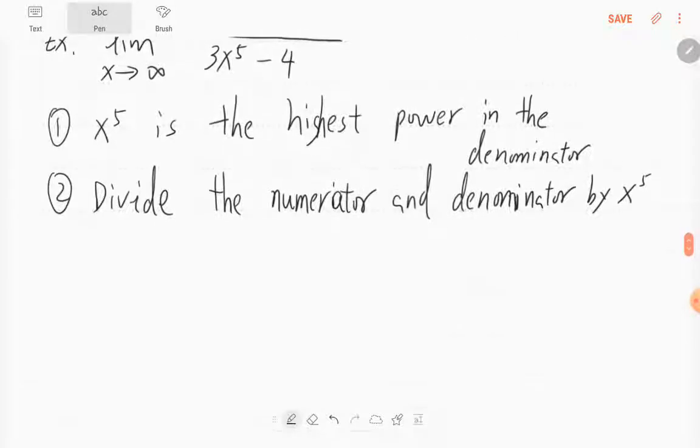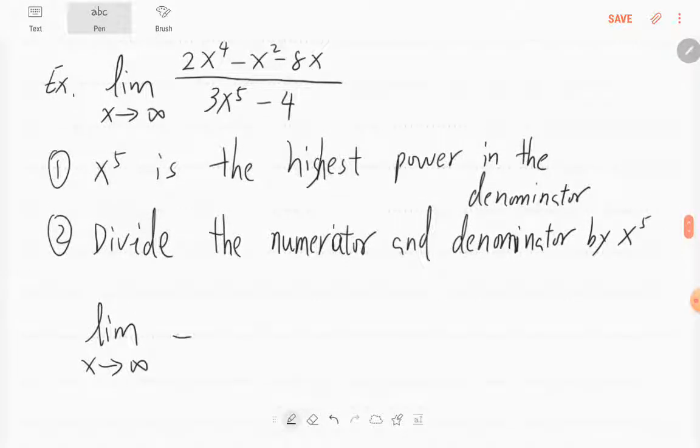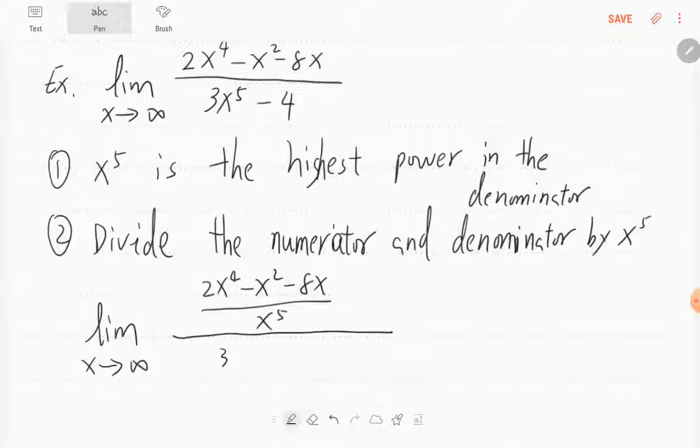So you will see this one would be, take the limit as x approaches infinity. We divide by x to the fifth, it will not change our result, right? Because we divide by the same number.